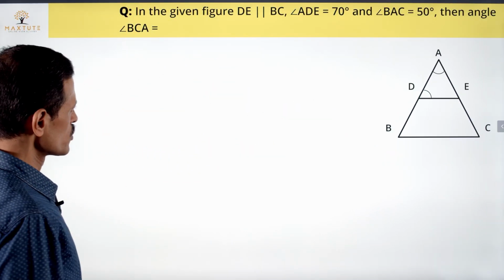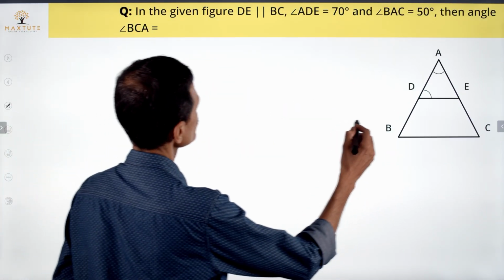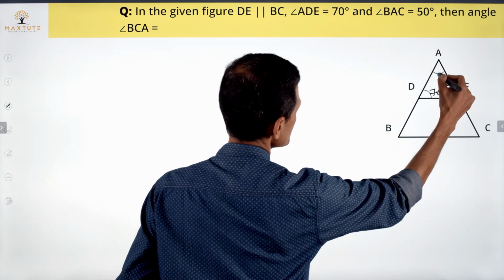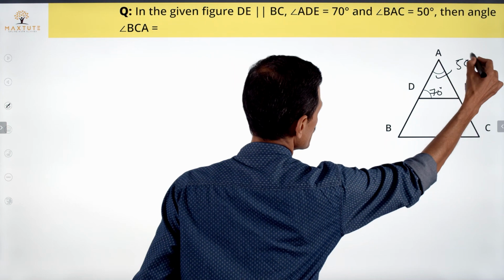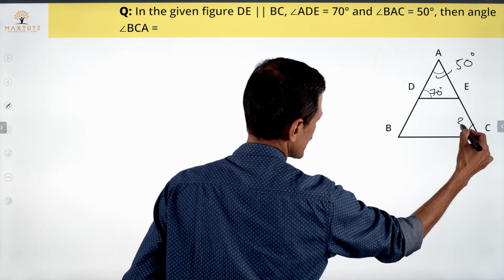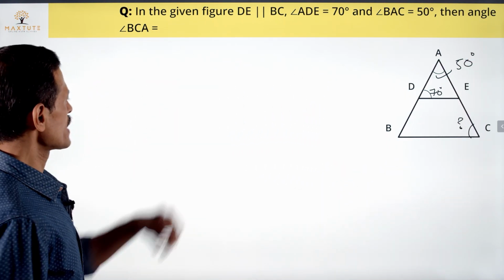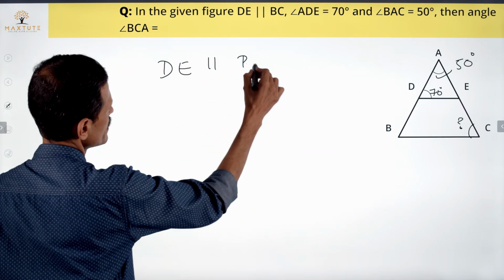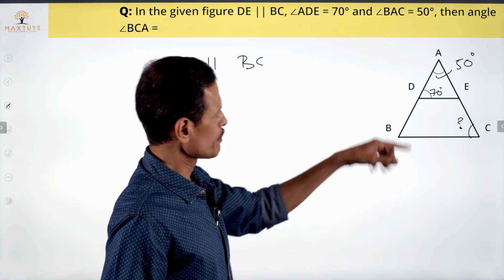We need to find out what is the value of this angle. Let's get started. Let's note down what data is given to us. We know that angle ADE is equal to 70 degrees. Angle BAC, this angle is equal to 50 degrees. What we need to find out is this angle. It says that DE is parallel to BC. These two lines are parallel.